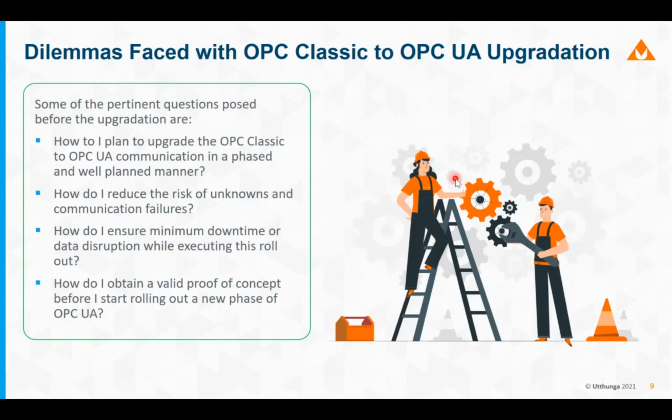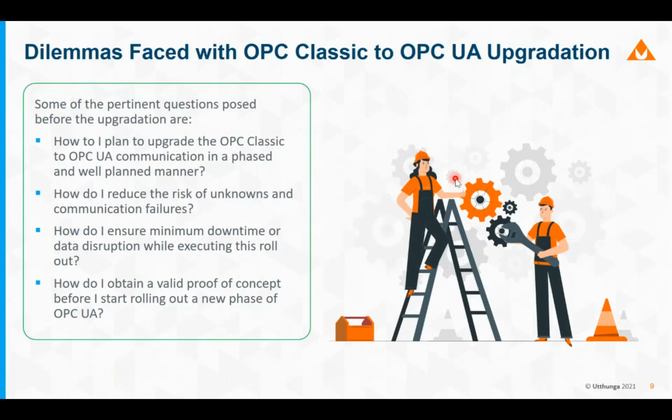And to answer the first three questions, what does management suggest? Management says, why don't you first do a small POC? Get a small proof of concept done. Show me a proof of concept where you can show me that, hey, this is a way I can go from OPC Classic to OPC UA without losing data and without having any unknowns. And then once we are convinced, you can do the complete rollout.